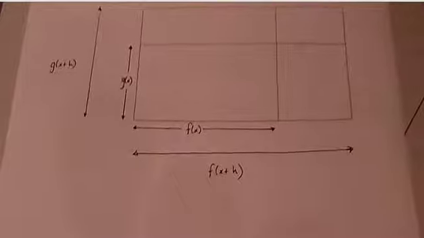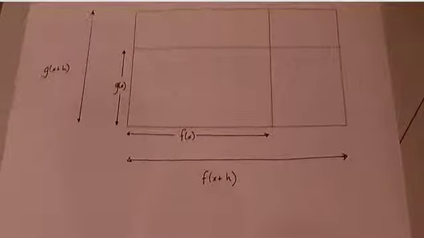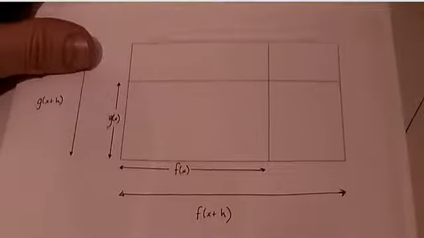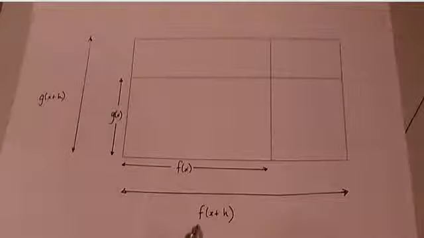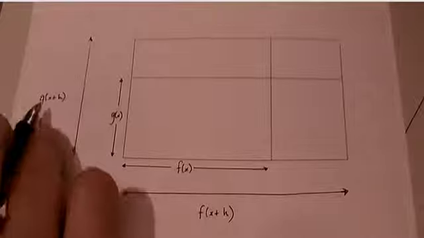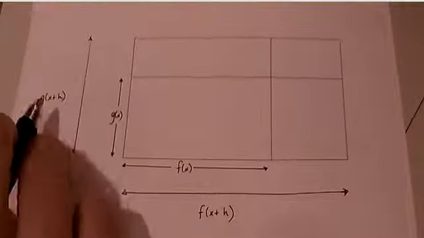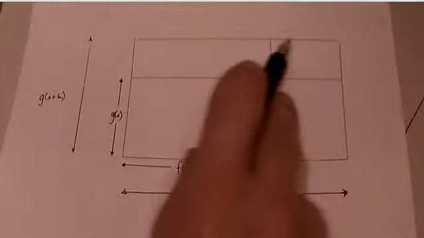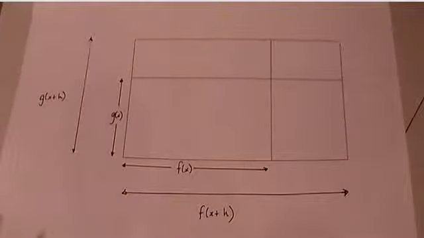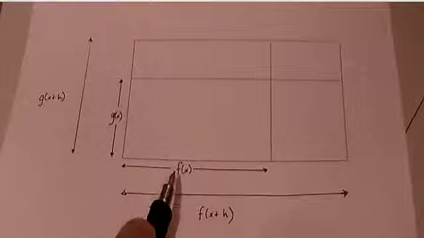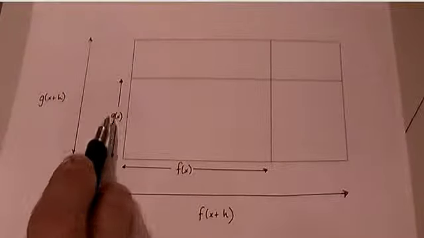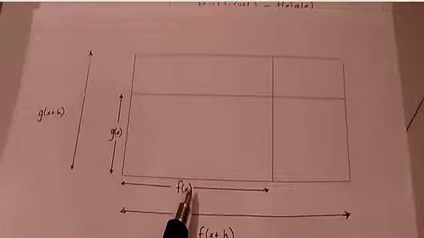Let's think about it geometrically. Now we're dealing with the product, right? f of x plus h and g of x plus h. Well, that would be the area of the whole rectangle, right? Now, the product of f of x and g of x, well, that's the area of that small rectangle.